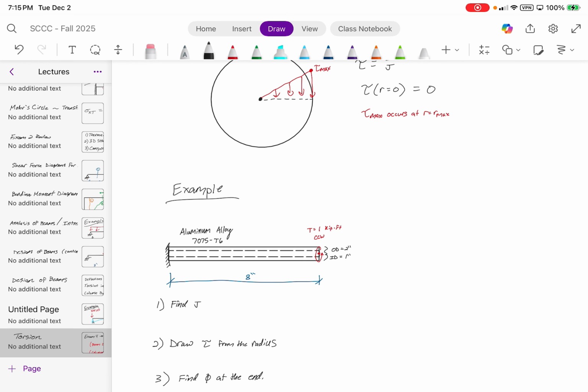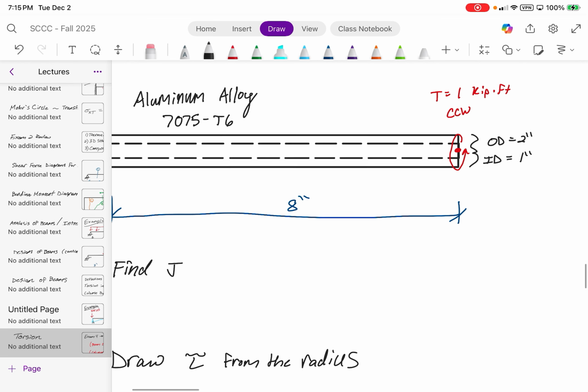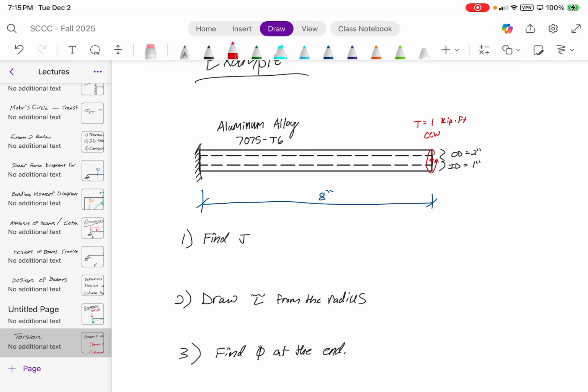All right. Did everyone get it? Everyone figured out everything? Yeah? Awesome. All right. How did we calculate J? J is equal to pi over 2 times the outside radius to the fourth minus the inside radius to the fourth, right?